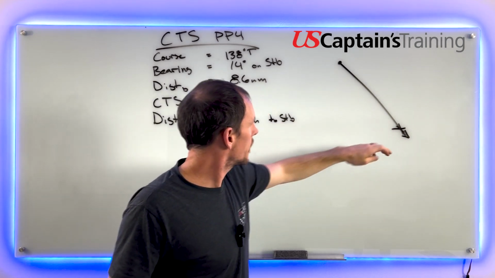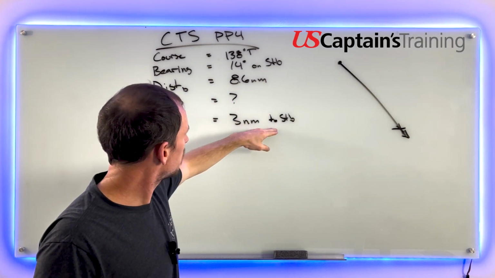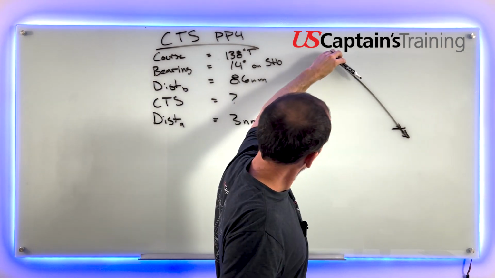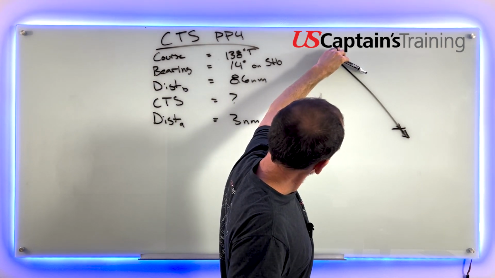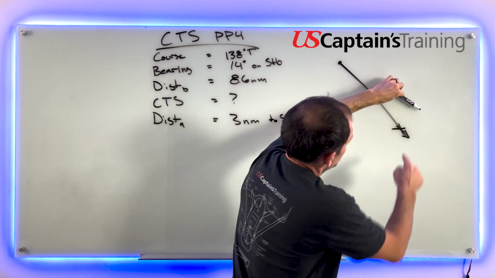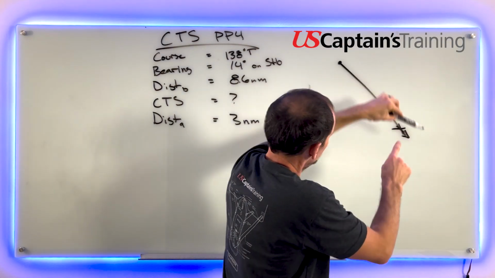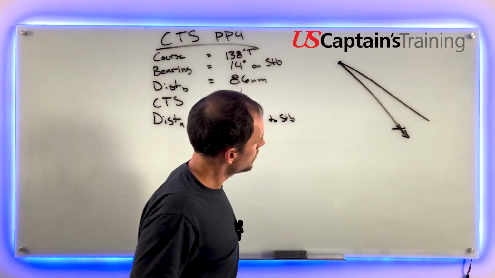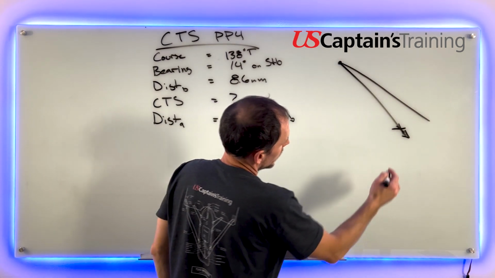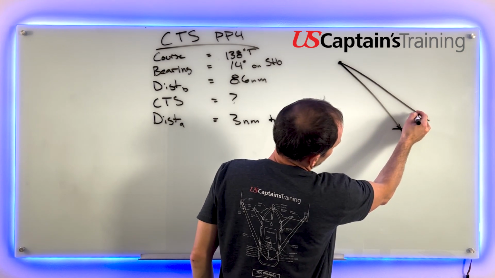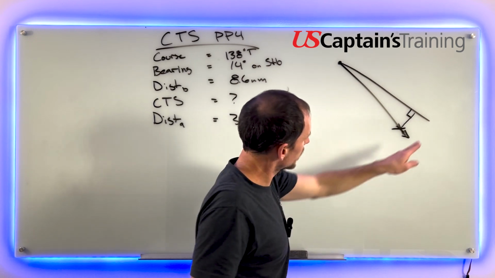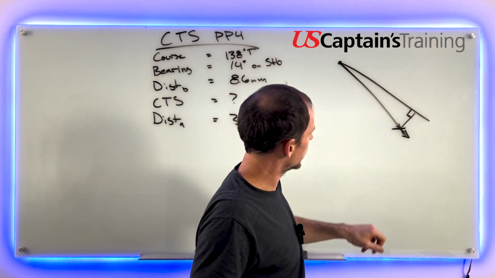Where do we want this light eventually? 3 nautical miles to starboard. So where's our next line? We want to leave that light to starboard. So that's our starboard side. We're going to be over here. Okay. And we leave it to starboard abeam, right? That means that if this is perfectly abeam, that's 90 degrees.